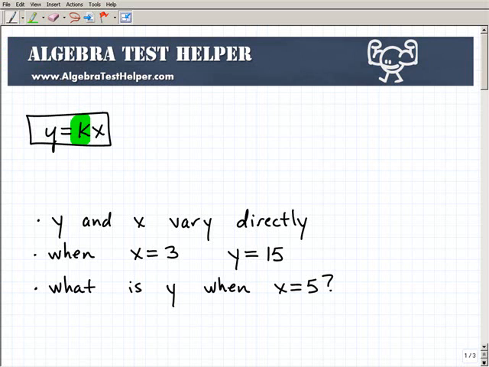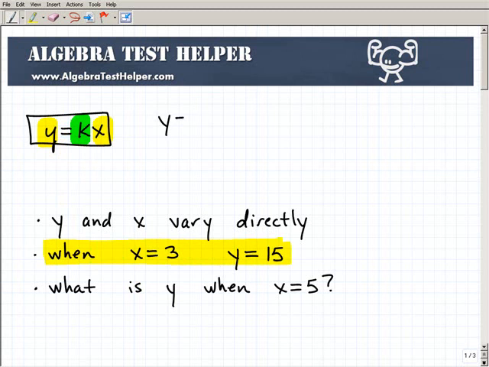So the very first step is to solve for k. And most of these problems will give you enough information to solve for k. And what we need is y and x, because if I have y and x, then I can construct an equation to solve for k. But I do have a y and x pair. It's right here. So you just have to look for that in your problem. So let's go ahead and see how this works.